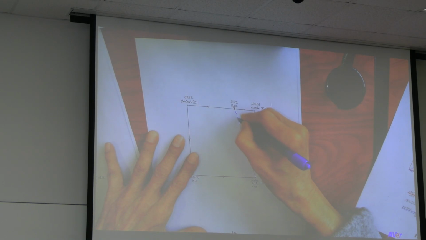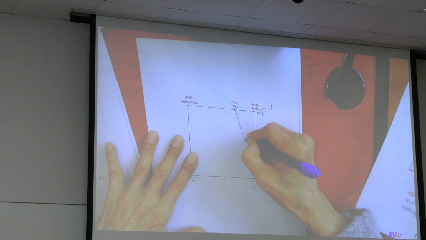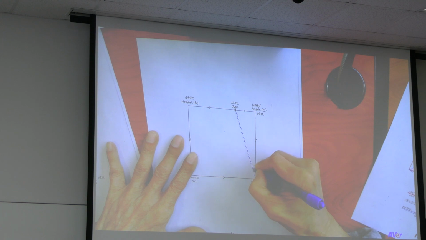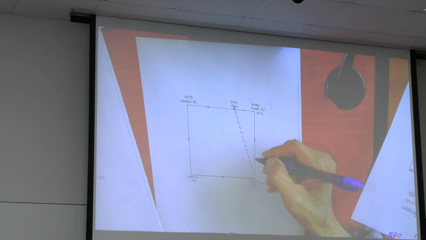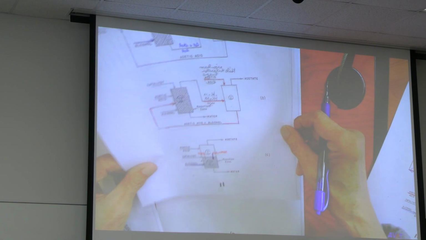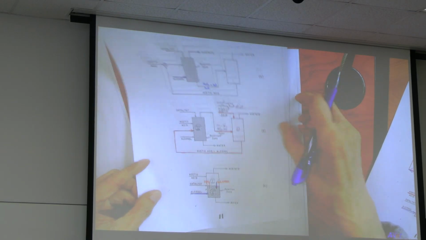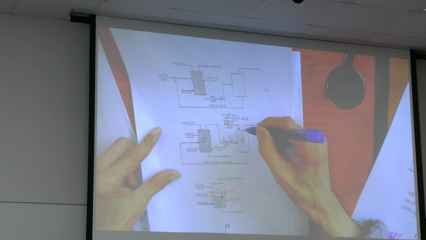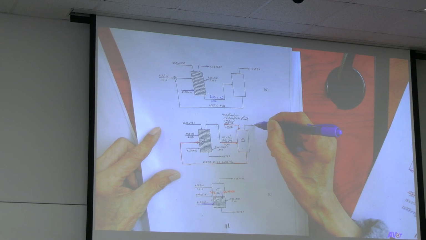So, from column 1, we get methyl acetate product plus a mixture.